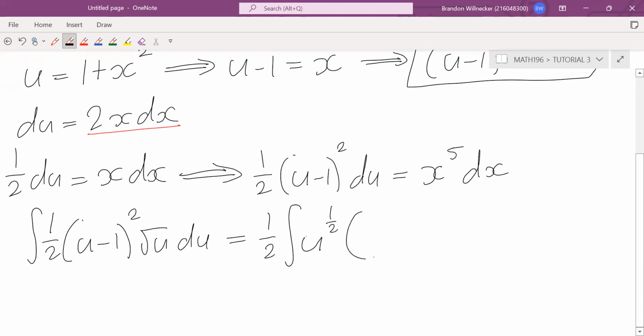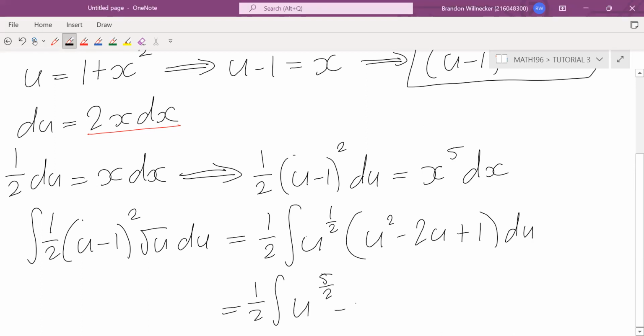And then u minus 1 squared we can expand out using the binomial expansion. So this will be u squared minus 2u plus 1 du. Then we can take this u to the 1/2 and multiply it throughout. So we get u to the 5/2 minus 2u to the 3/2 plus u to the 1/2 du.